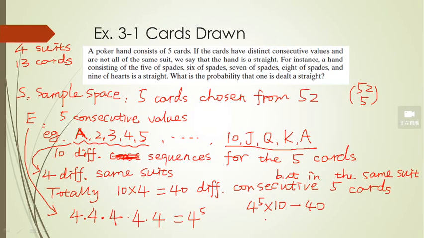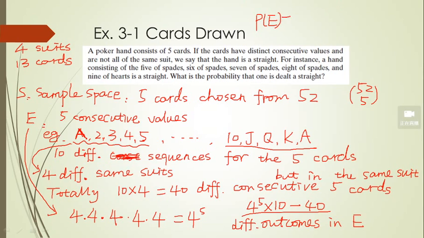That is all the possible outcomes in event E. Then what is the probability? So the answer: what is the probability of event E?